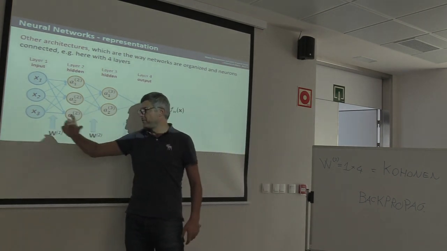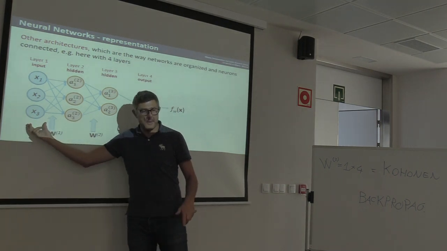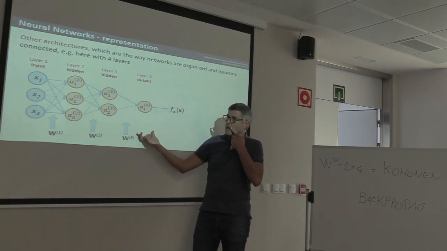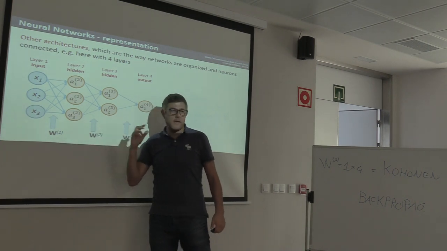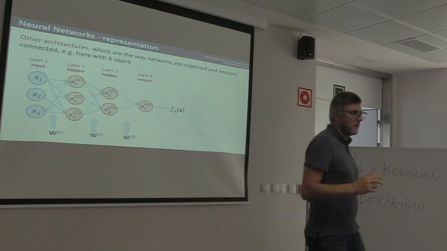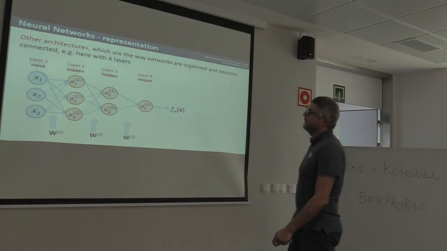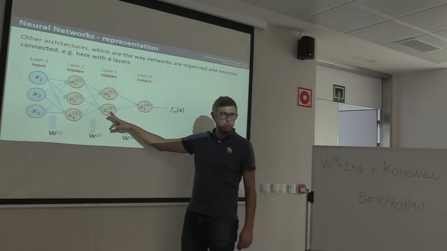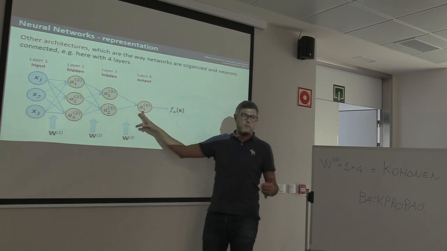As usual, we have one input layer, one output layer, and then here we have 2 hidden layers. Here we have 3 neurons, here we have 2 neurons, and so on. And in the output layer, we have 1 neuron.